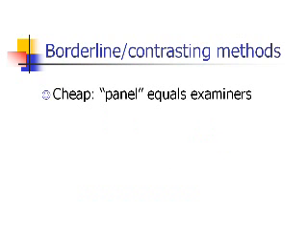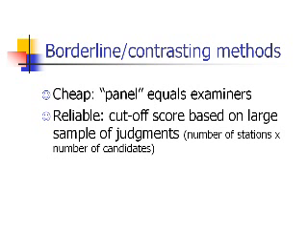It is cheap because the examiners are there. We can use their judgment easily because they see and observe the performance of the test takers while they're performing, so that's really easy. It is reliable because ultimately the passing score is based on a judgment across all the stations, across all students, and that's a very huge sample, which will lead to a very reliable outcome.